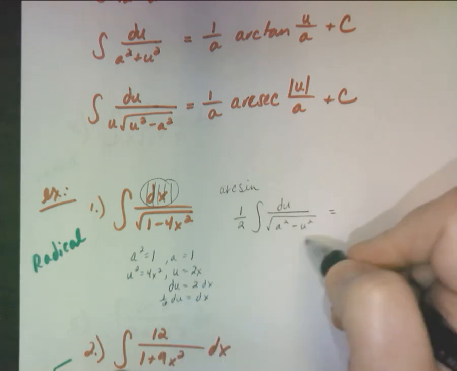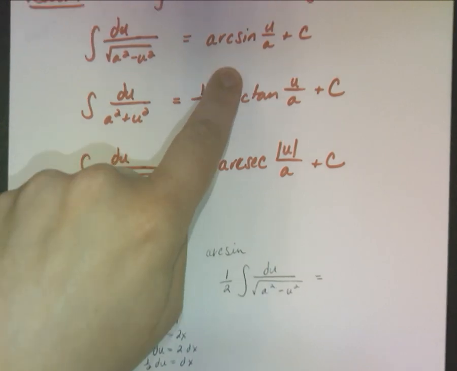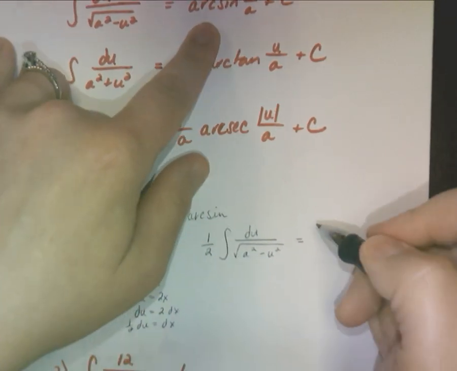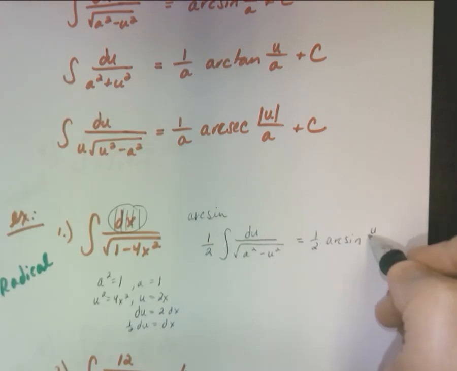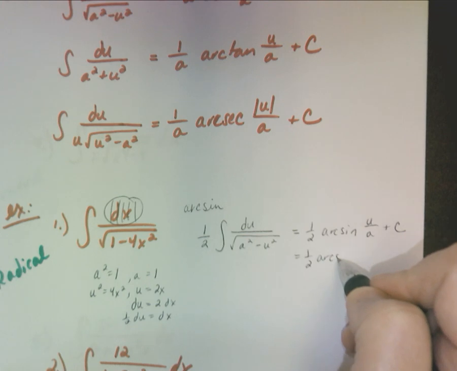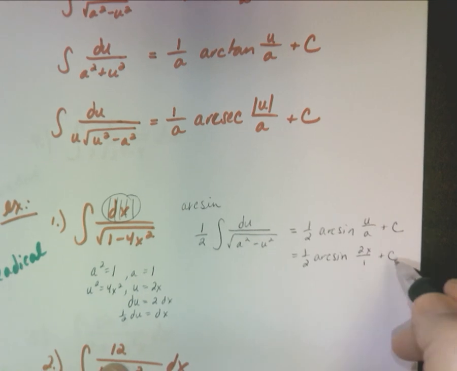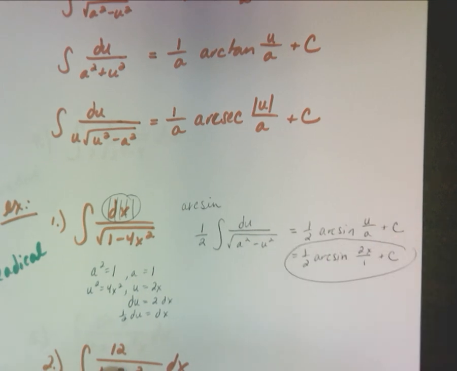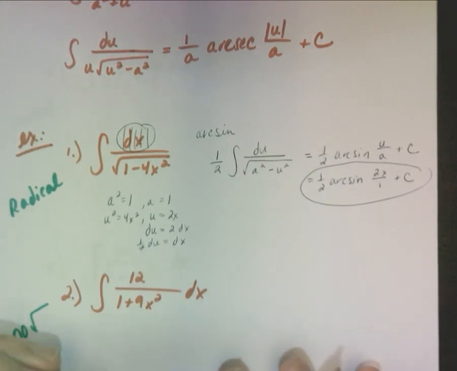And so now that it looks like this, I'm going to rewrite it like this up here, which would be 1/2 arcsine u over a plus c, or 1/2 arcsine 2x over 1 plus c, obviously just 2x, but just so you see, very simple, easy. We're making it look like one of those 3 choices above.